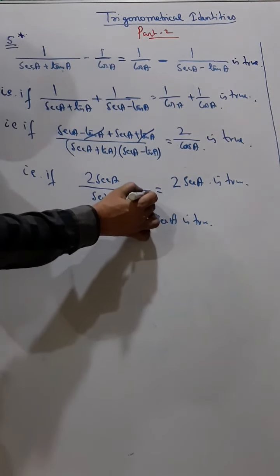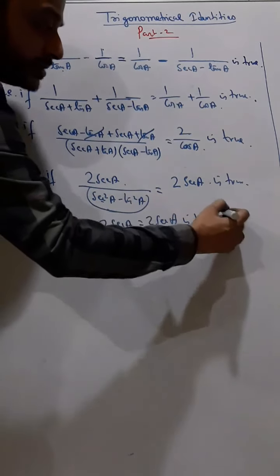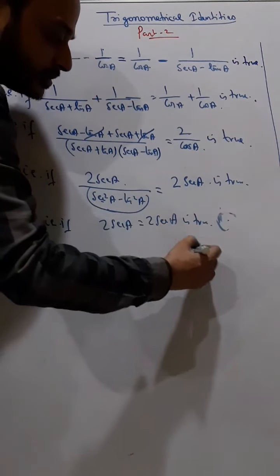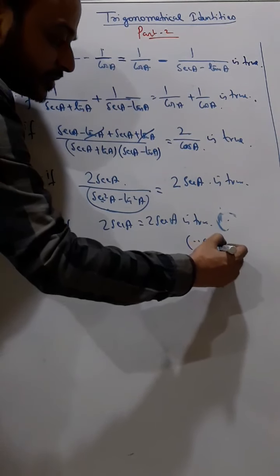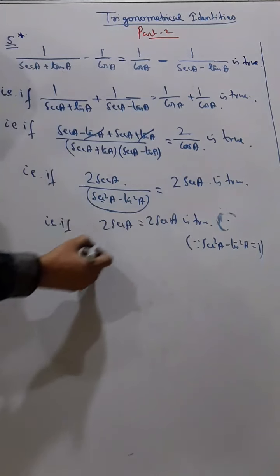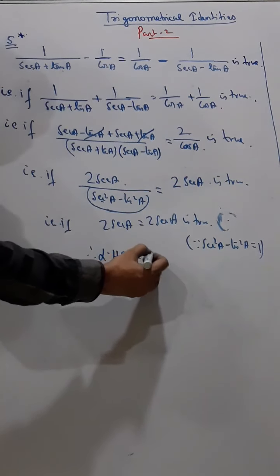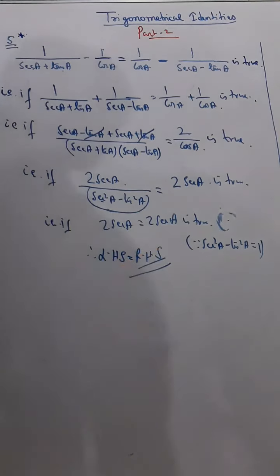Why? Because sec square a minus tan square a is equal to 1, and therefore finally we can say LHS is equal to RHS and hence proved. Understand?